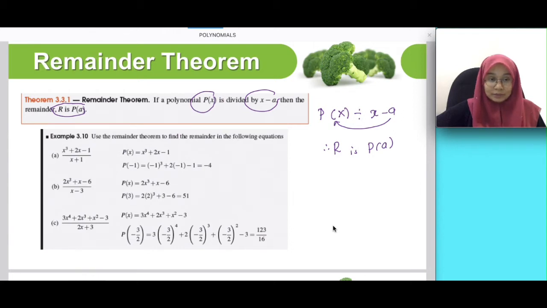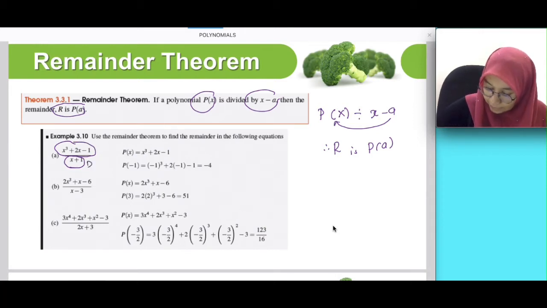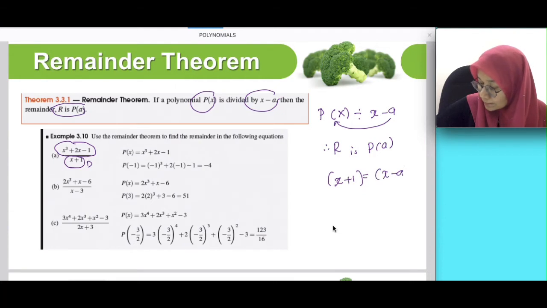X cubed plus 2x minus 1 divided by x plus 1. Okay. So our polynomial is x cubed plus 2x minus 1. So this one is the division. If you look at the division, it is x plus 1. So x plus 1, you compare with x minus a.